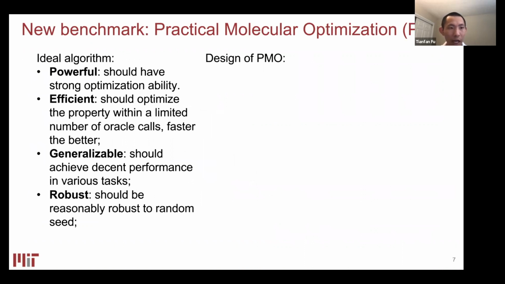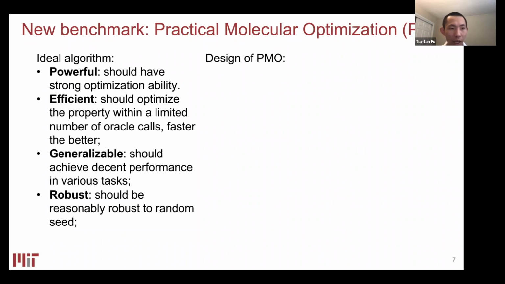We expect the ideal algorithm to be powerful, efficient, generalizable, and robust. Concretely, the ideal algorithm should have strong optimization ability and optimize the property within a limited number of oracle calls. Faster the better.